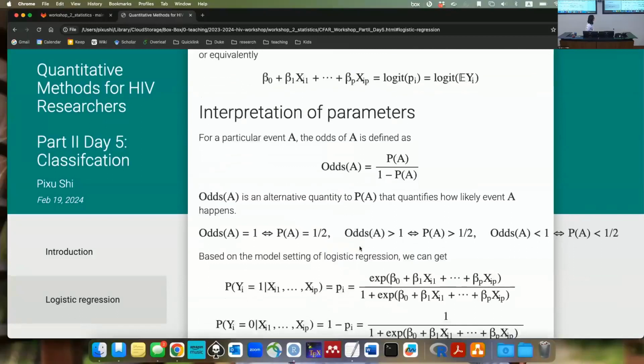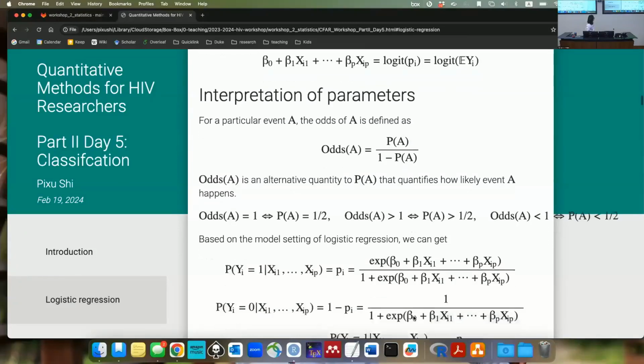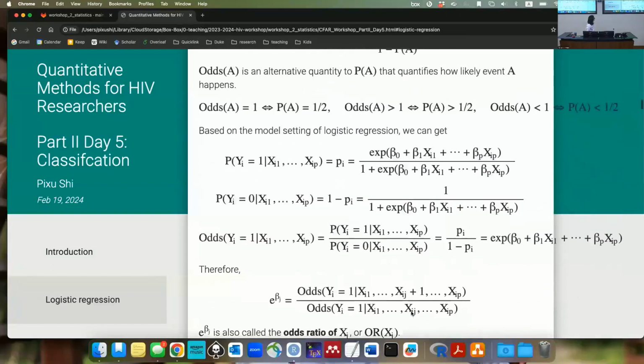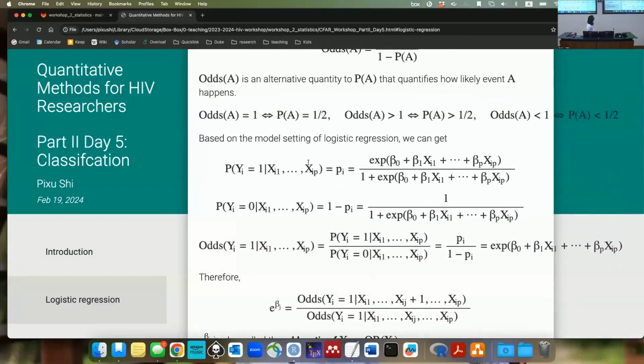And if you plug in the probability of the infection status as the event here, you will get this whole thing equal to the log of the odds. So here, when you plug in, the probability is this whole thing. 1 minus the probability is this thing.